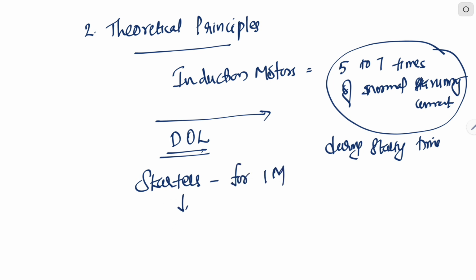The starters may be direct online starters, DOL, and star delta, then auto transformer type starters, everything.